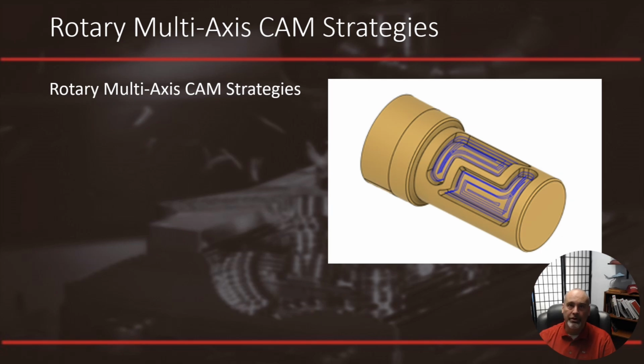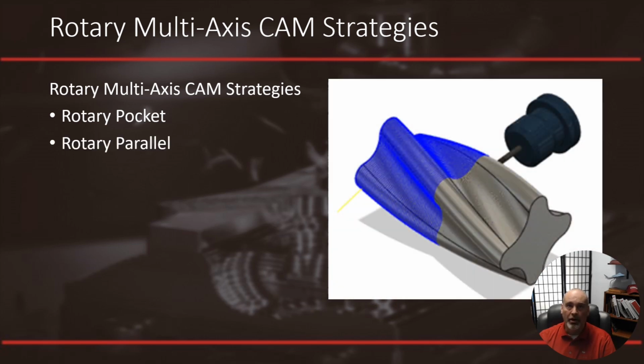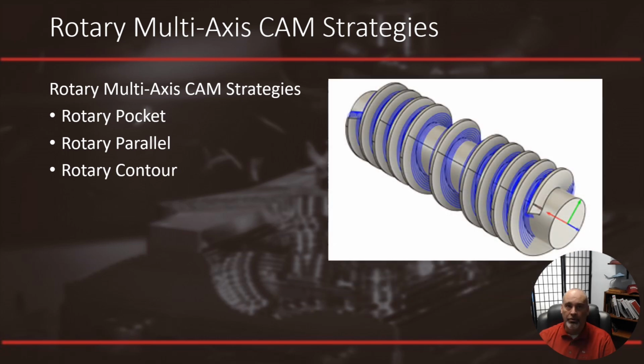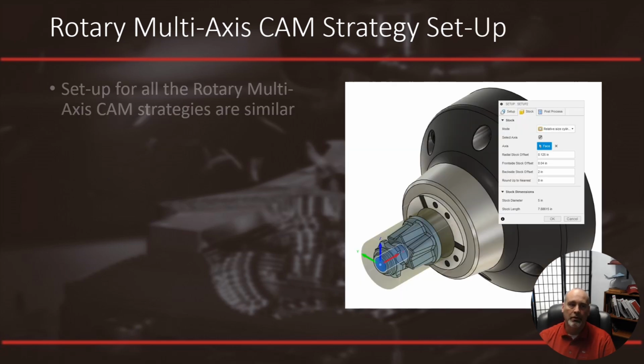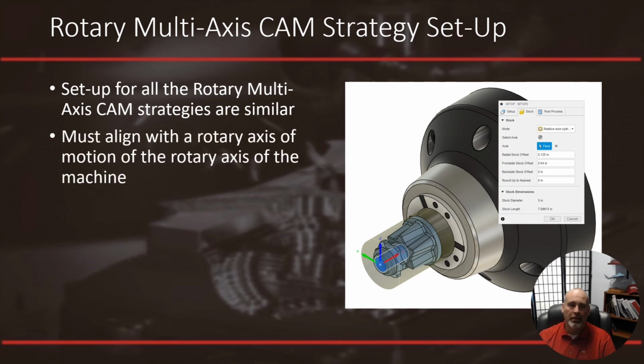There are 3 rotary multi-axis CAM strategies, the first being rotary pocket, the second rotary parallel, and the third rotary contour. They're all found under the multi-axis tab in Fusion. Setup for all the rotary multi-axis CAM strategies are very similar, if not almost the same.